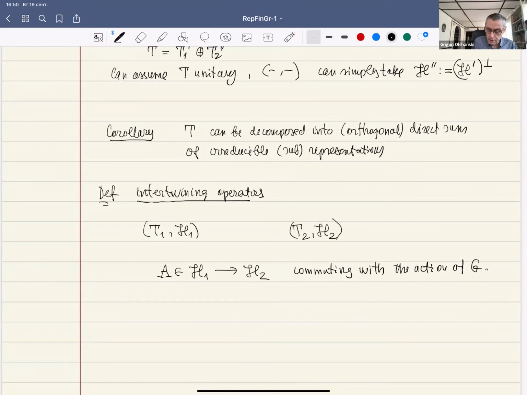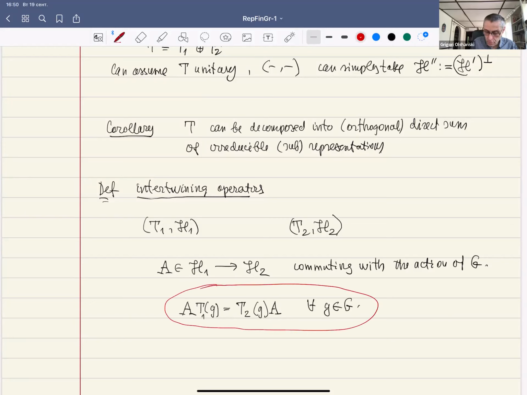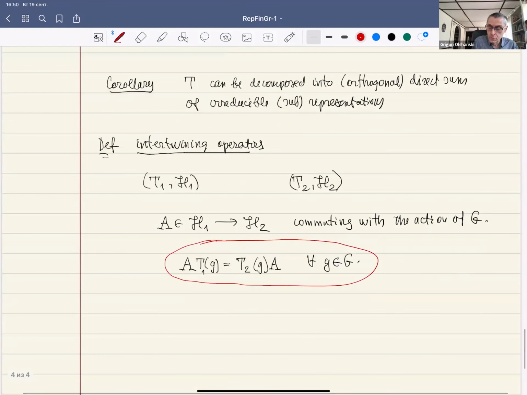One can write it as follows. Commutation relations, for any g in G. This is very important for us.